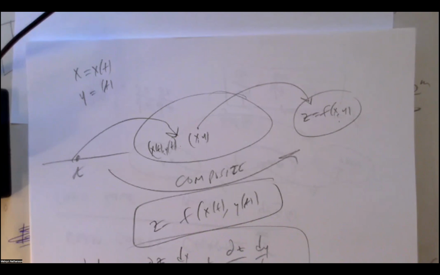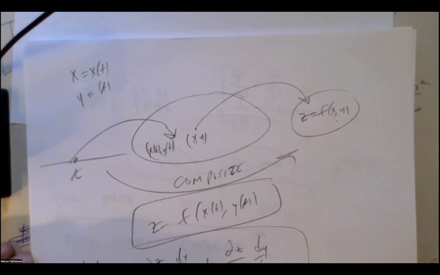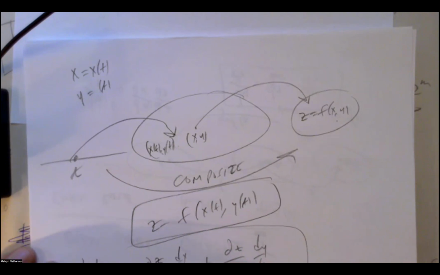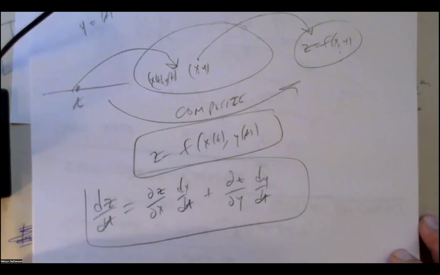And the proof of this is not super hard, but it's harder than anything we would put into a 200 level math class. And it really requires a little bit more mathematical sophistication than we have available to us at this point. So that's the chain rule, which you have to know and love. And let's look at an example.